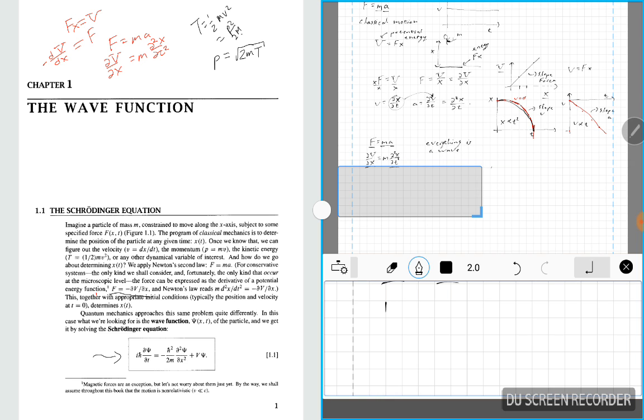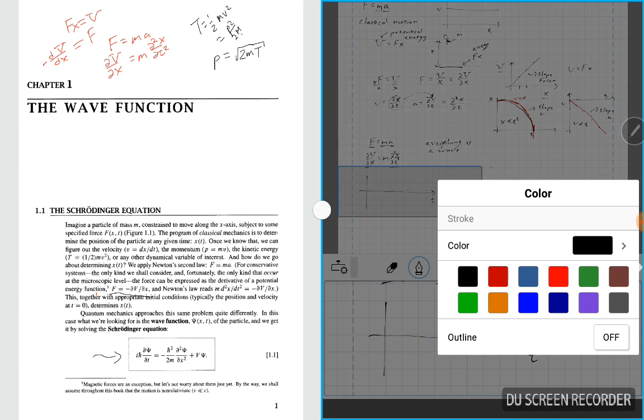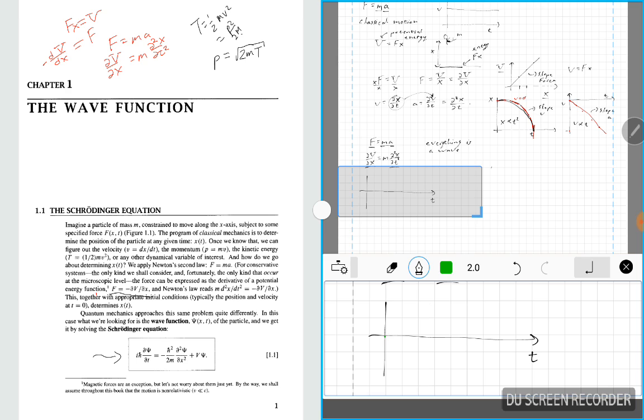So for a wave, if I have some position, I can graph a position with respect to time. I can start at 0 position, up to some magnitude, down, up again, and then down.